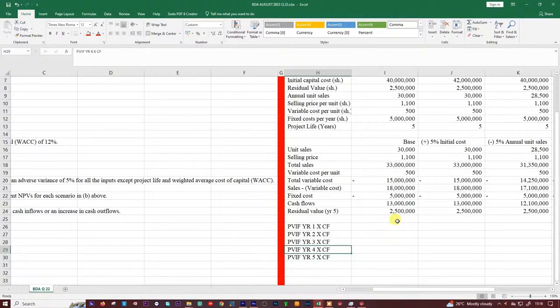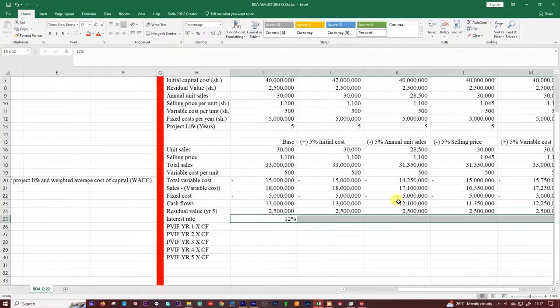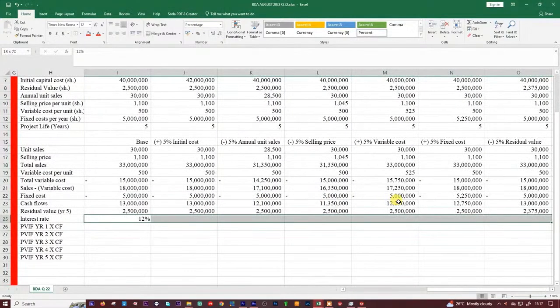And how do we get the present value interest factor? We could put the interest rate right above over here. The interest rate is 12%, all through 12%.